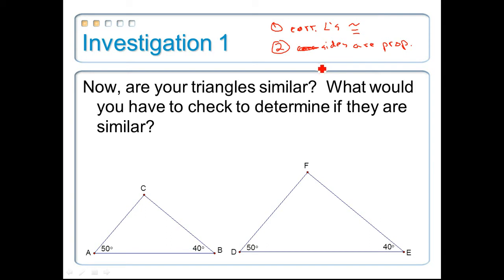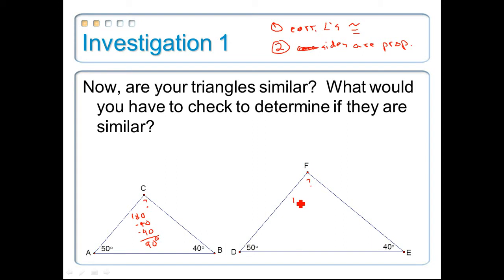Okay? Now for triangles, we're trying to come up with some shortcuts because we deal with lots of triangles. So first of all, how big is this angle? Well, it's 180 minus 50 minus 40, and that's 90 degrees. So how big is this angle?